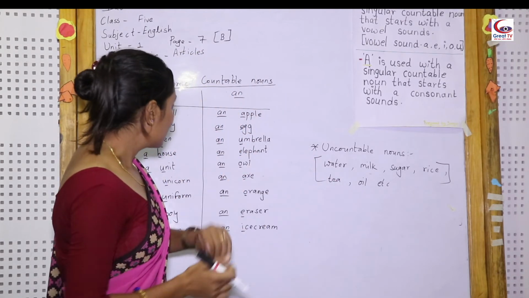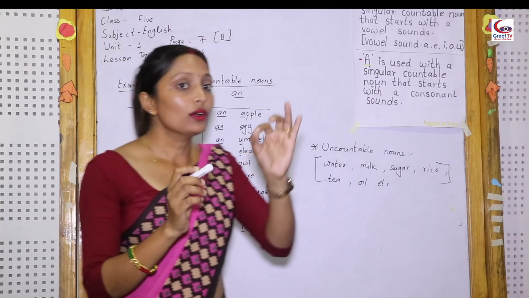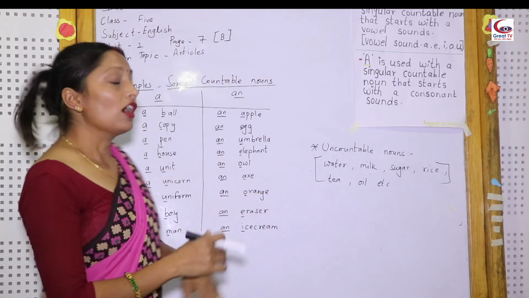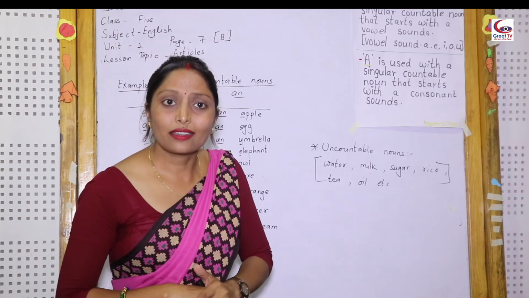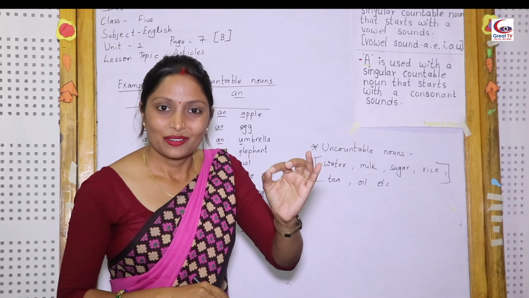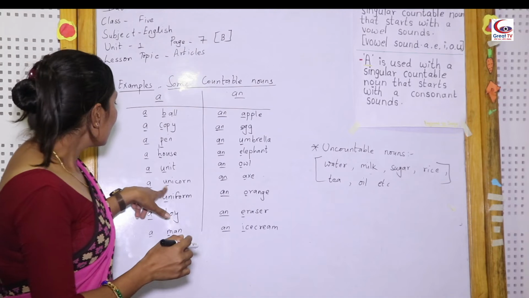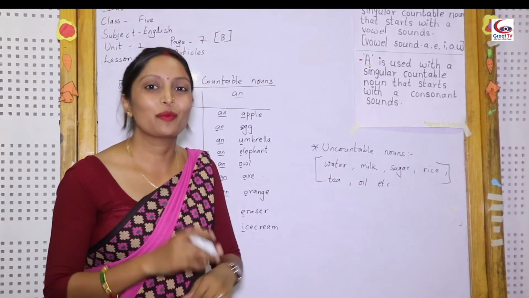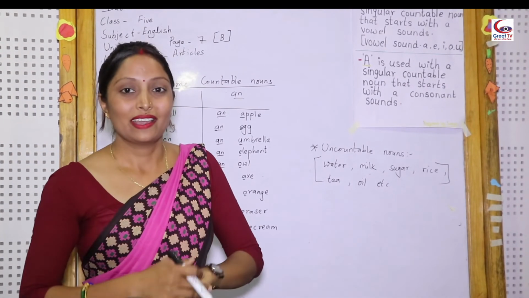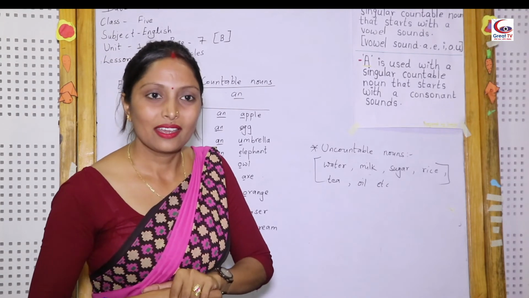For example, uniform, U-N-I-F-O-R-M, starts with the letter U. Don't be confused: it starts with U but is pronounced with a consonant sound.